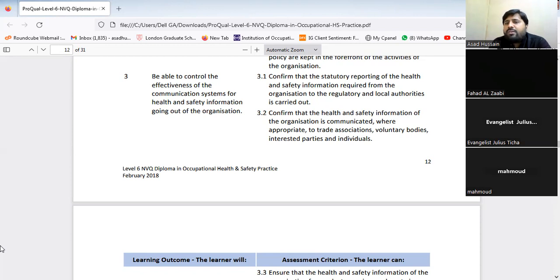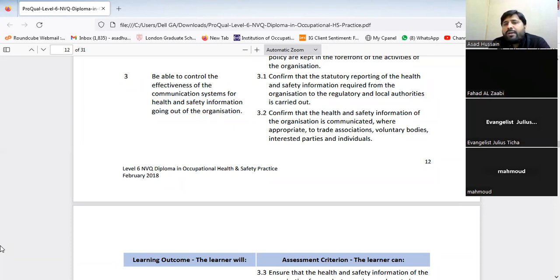Otherwise, if you have not provided enough information to them, they will definitely react. Your operations and your business can be in a problem or a disturbance.